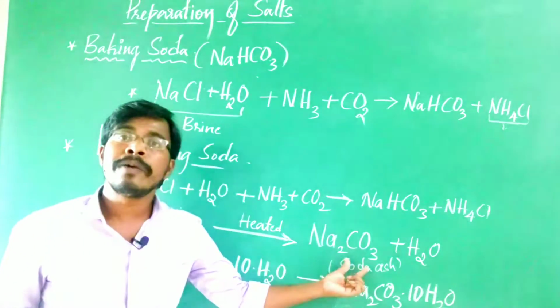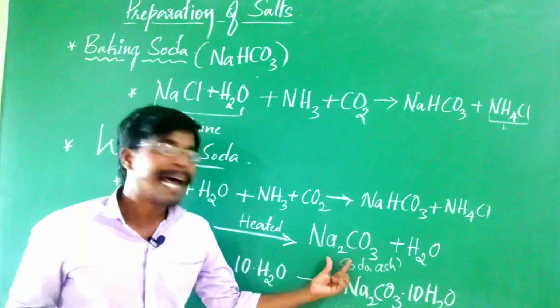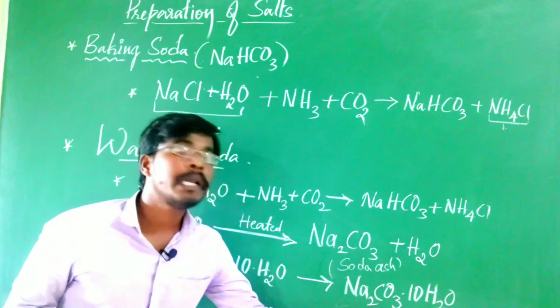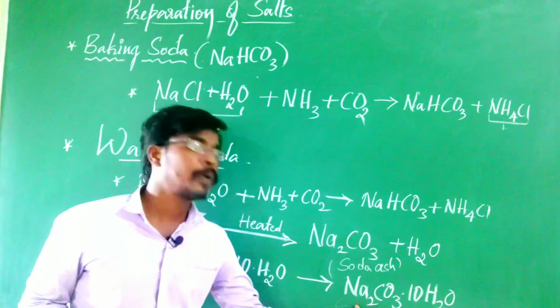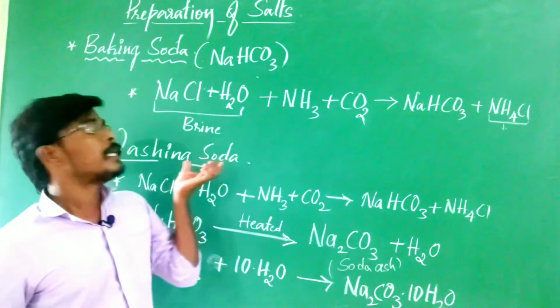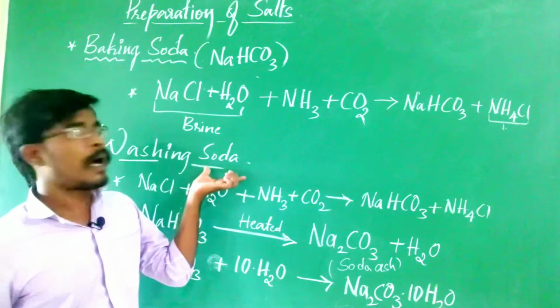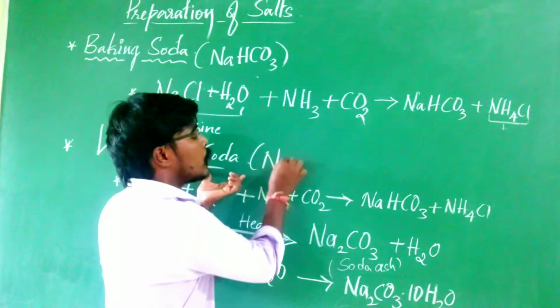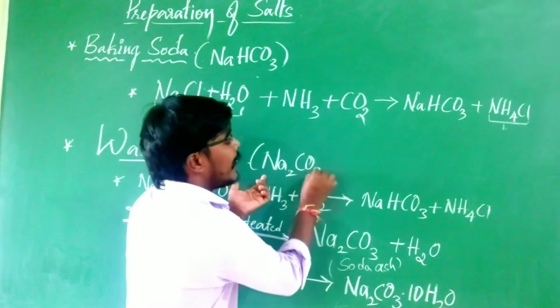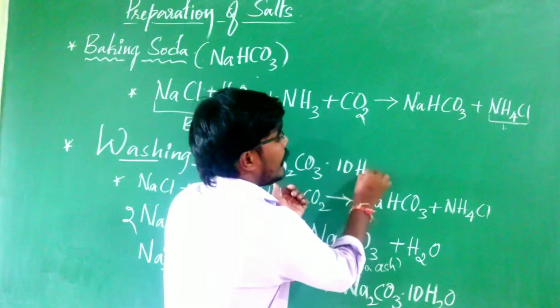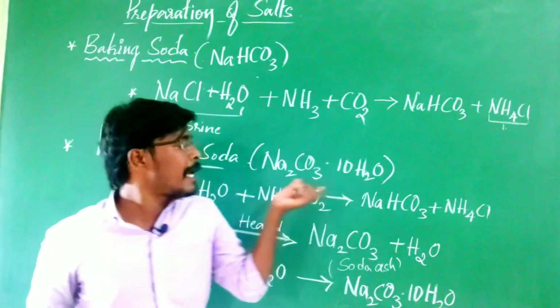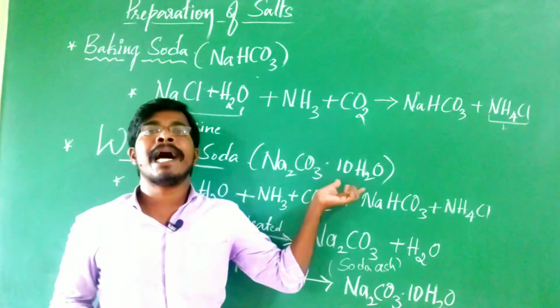If a water molecule is absent, that is called soda ash. If water molecules are attached to the sodium carbonate, then that is called washing soda, which is also called sodium carbonate decahydrate.